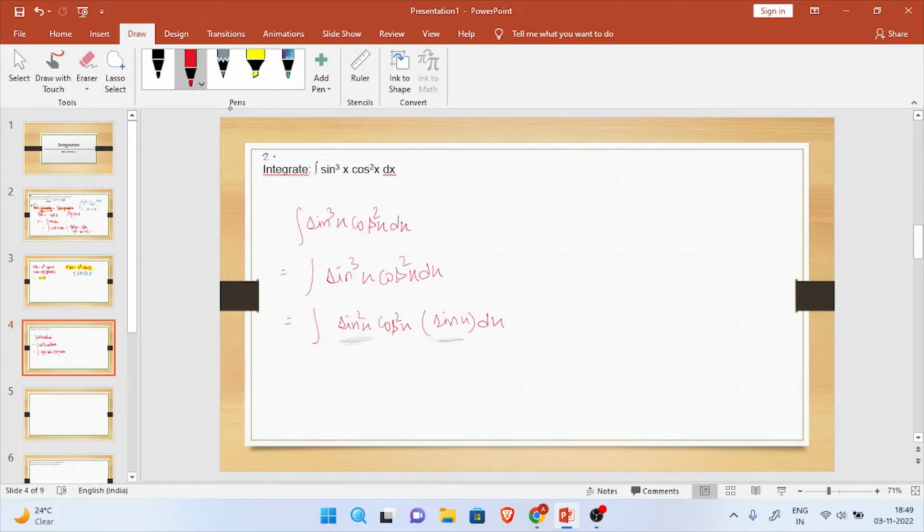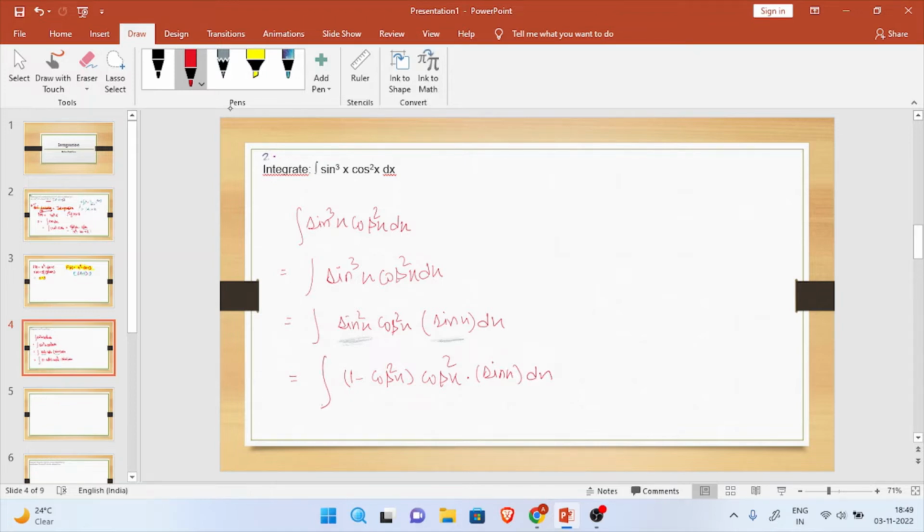Now I will change the term sine square x to 1 minus cos square x, so that I will get 1 minus cos square x into cos square x into sin x dx.